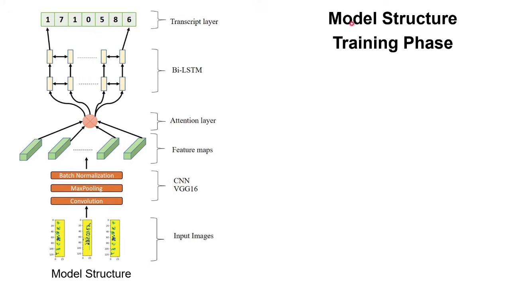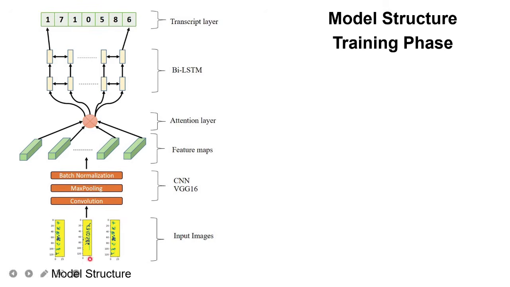The model structure and training phase. I use two model structures for two tasks. The first task is to recognize the words, which means the name, and the second model is for recognizing the numbers, which are the student ID and the score.